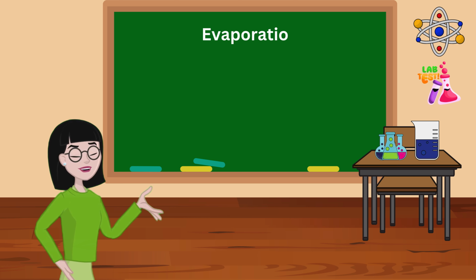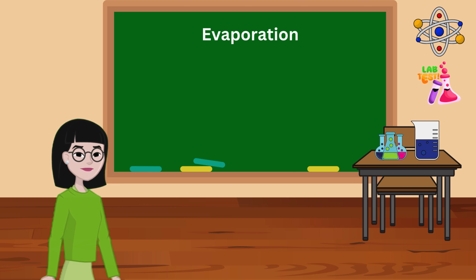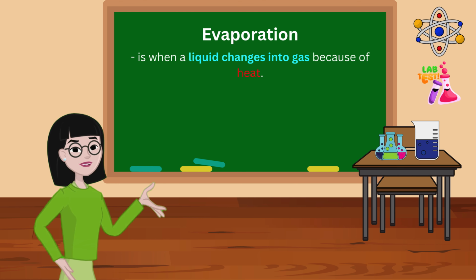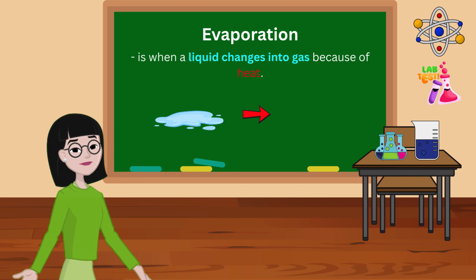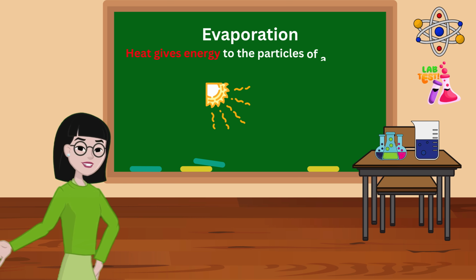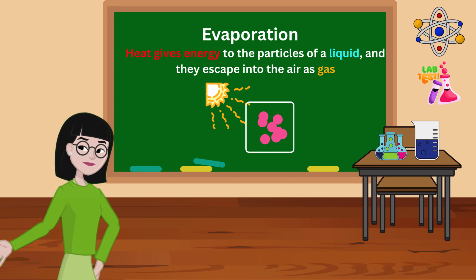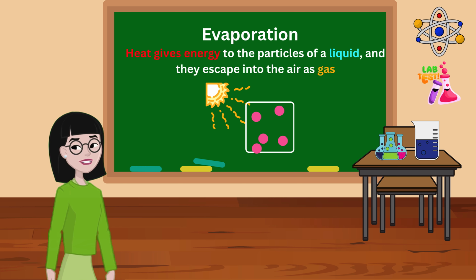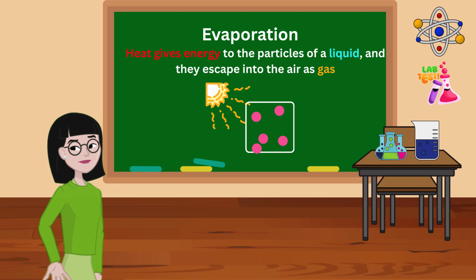The third one is evaporation. Evaporation is when a liquid changes into a gas because of heat. Heat gives energy to the particles of a liquid and they escape into the air as a gas.